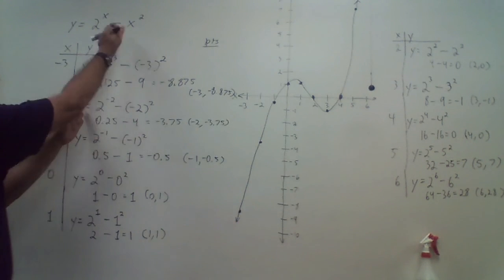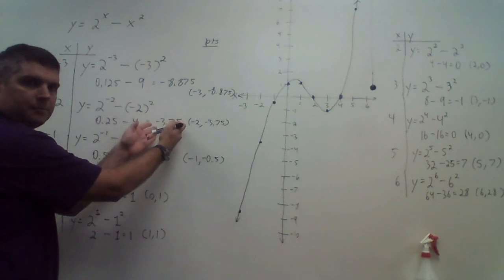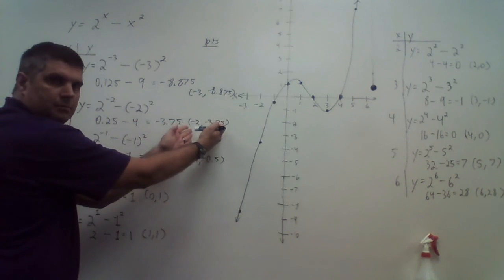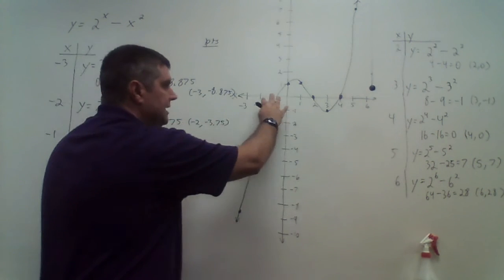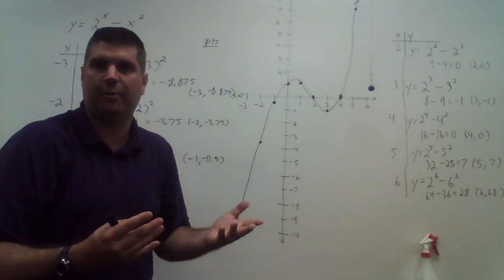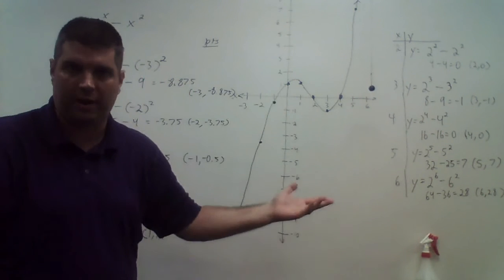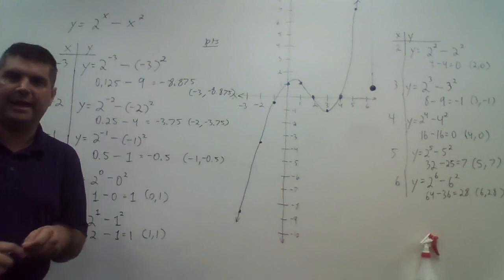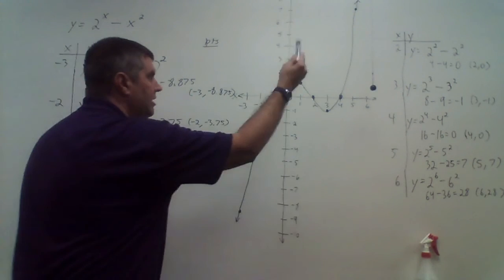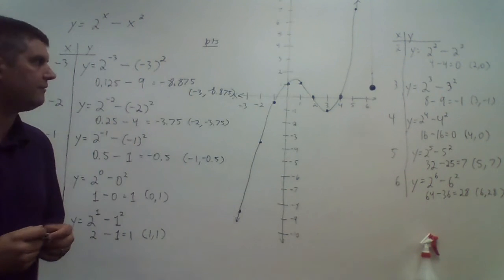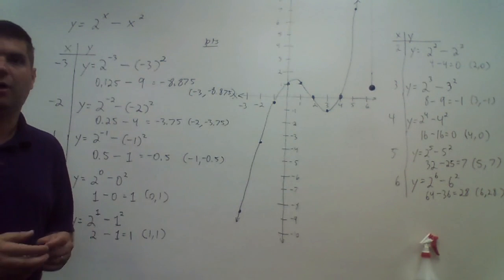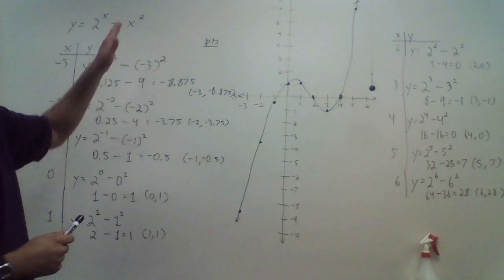Plug it in, get a matching y, you've got a point. Okay? And do it all the way until you get to the end. If it's not graphable on the axes you've got, ignore it. And then once you're done, put the line, the curve, whatever it is, through everything. That's it. It'll work for everything which starts with y equals.